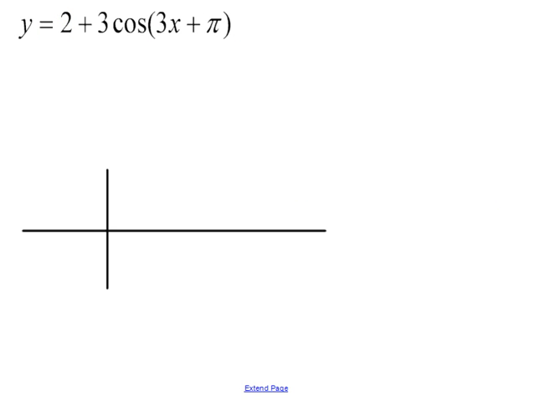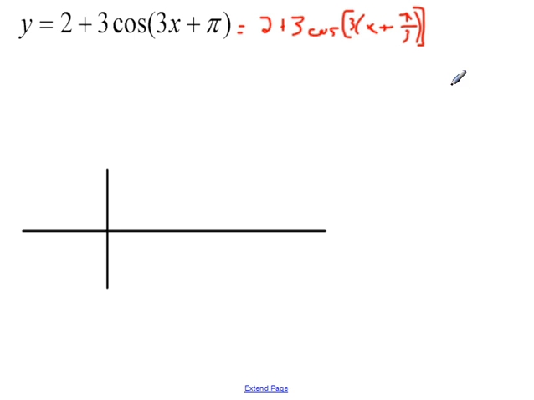Okay, so here we do have all different types. We have a vertical shift, we have amplitude change, and everything else. So let's rewrite it. 2 plus 3 cosine, we have to factor out the 3, which means we have x plus pi over 3. So we're just multiplying that value by 1/3, because that's a reciprocal of 3.